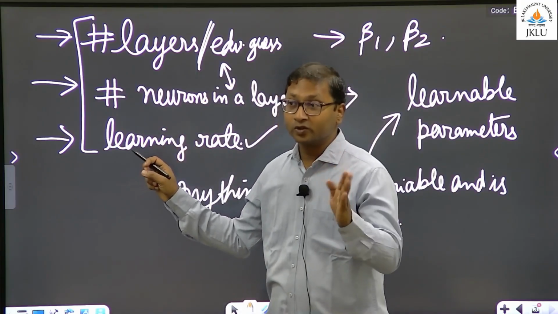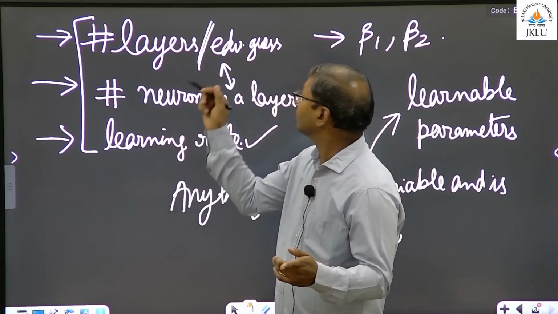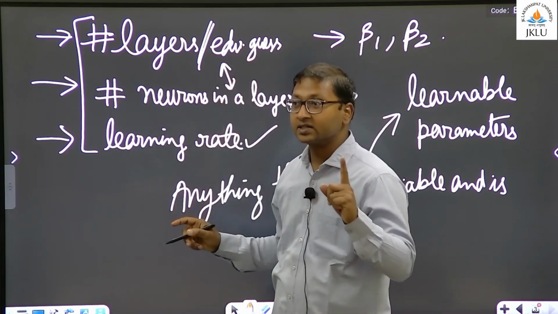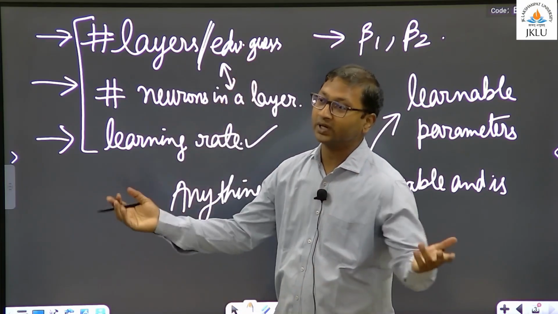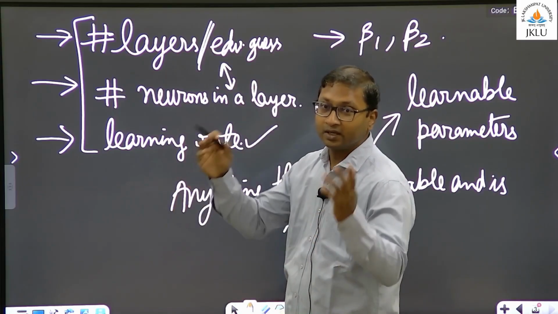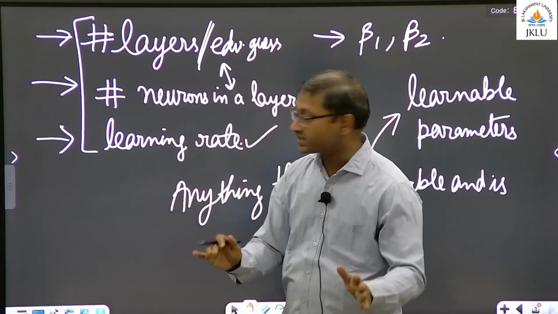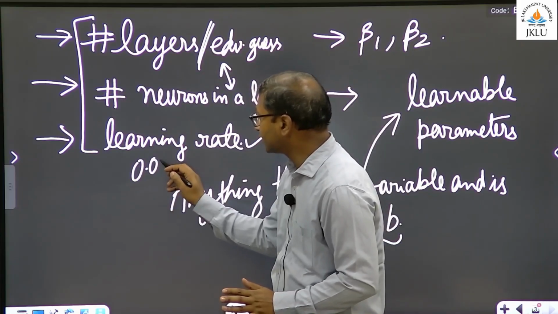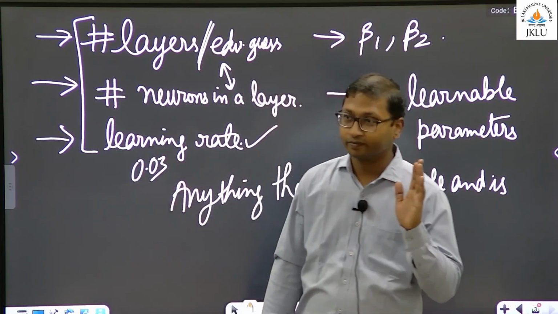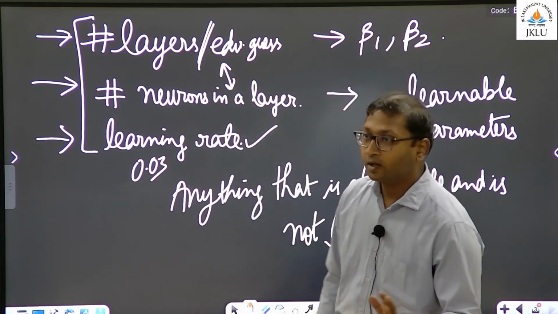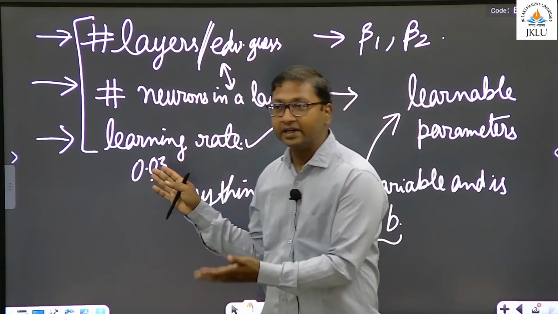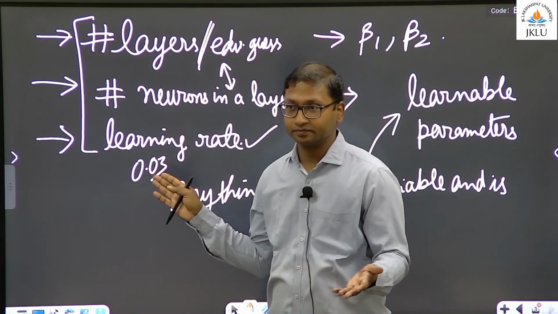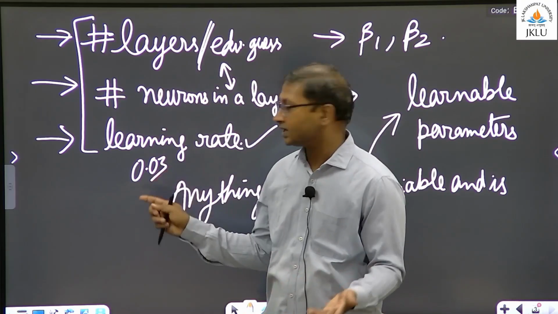Learning rate you have to carefully choose. So even your educated guess cannot start with 20 or 100, right? Don't guess wildly; keep it at 0.03, and then later decide if this was fine or not, whether you need to increase or decrease it. How will you decide?